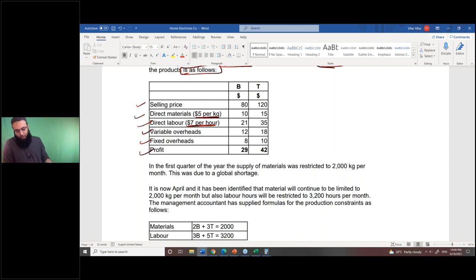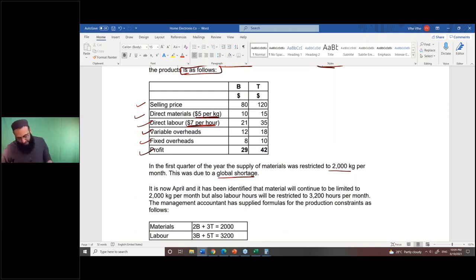In the first quarter of the year, the supply of material was restricted to 2000 kg per month. Okay, it was restricted to 2000 kg per month. So I hope this is clear to all of you. This was due to a global shortage.